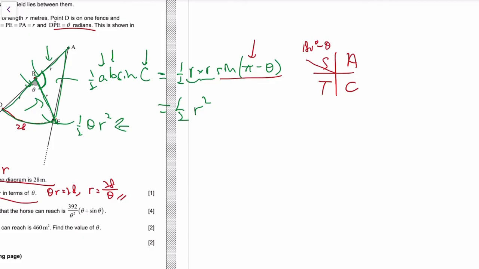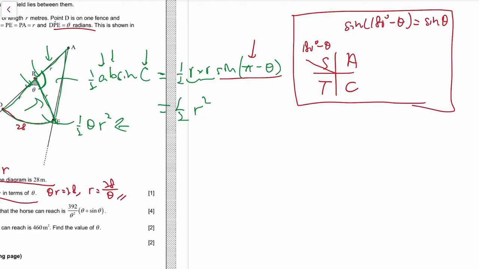And in quadrant 2, sine is positive. Therefore, sine of 180 minus theta would equal positive sine theta. Okay. You can check out my lecture on unit circle if you want to fully understand it. But if the exam is this close and you don't really mind, you can just accept this.